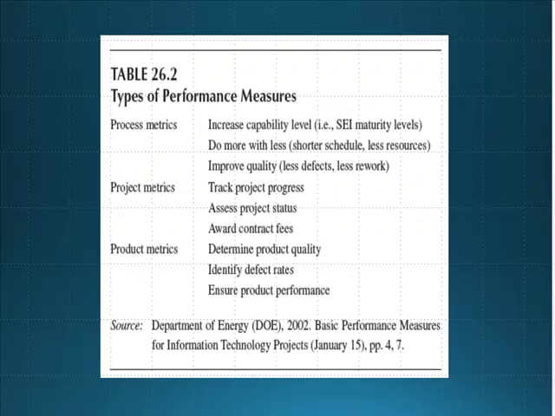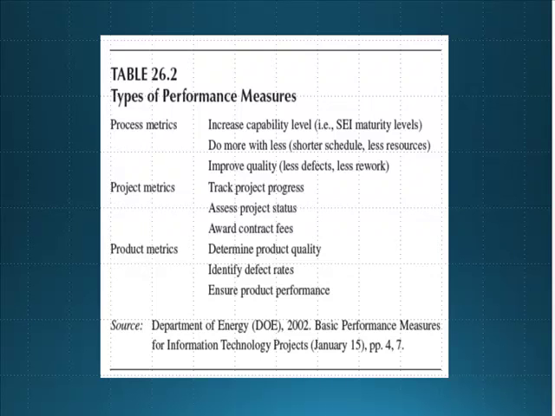Type of performance measures, right? We have process-oriented, project-oriented, and product-oriented. I hope you still remember the difference, or which one is above what, the type of discussion we had before. If you use a process, then the performance measures look at how we can increase capability, how we can do more with less, how we can improve quality.